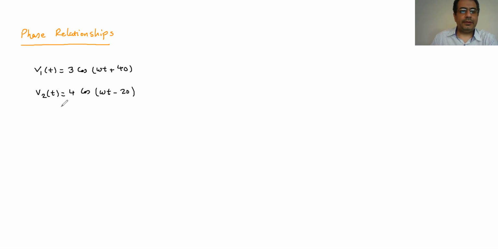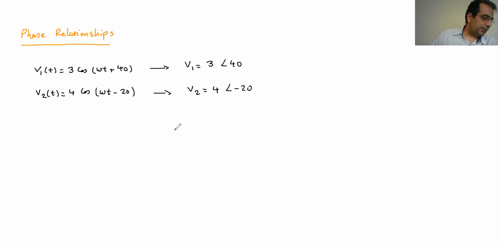So if I write them as a phasor, V1 is going to be 3 with angle of 40. And V2 is going to be 4 with angle of negative 20.